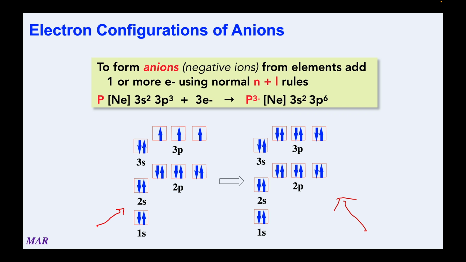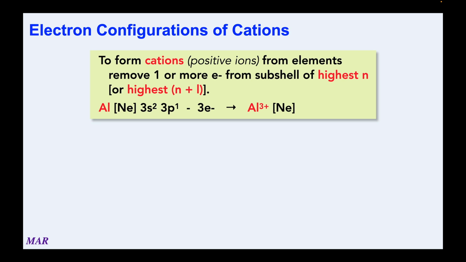And so you can see what happens here. They just filled in those 3 paramagnetic boxes and made them all diamagnetic. So phosphide has an argon core, 3s2 3p6. So to make an anion, you just fill in the lowest unoccupied spots to figure out what the electron configuration is. No problem. Cations, positive ions, are a little bit different, but a similar idea.